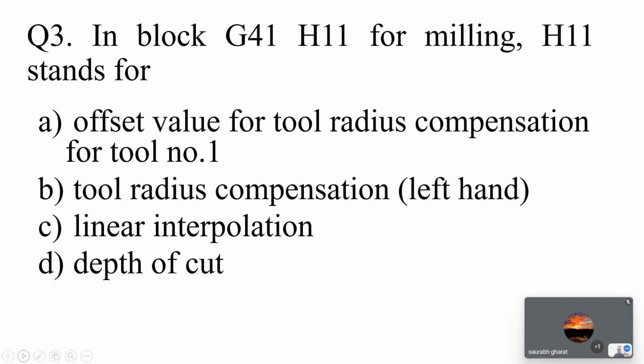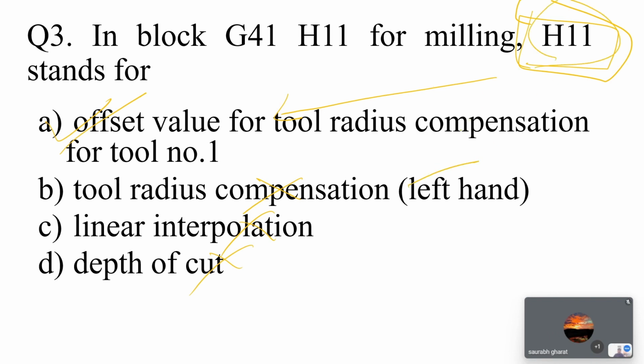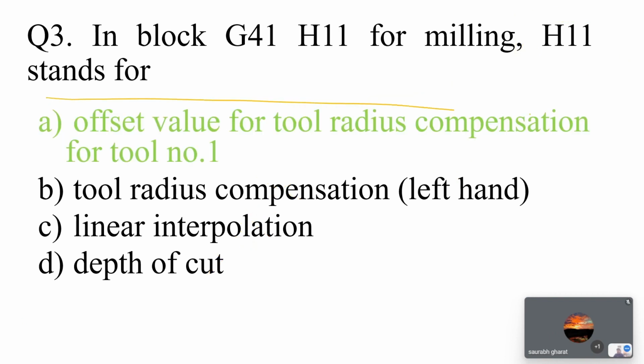Okay, so H11 stands for offset value for tool radius compensation of tool number 1. This is correct because we are going for H11. So what it actually stores is the value. Tool radius compensation left hand is wrong. Circular interpolation, depth of cut is wrong. Because what are we asking here? H11. If they were asking G41 then this might be correct, but for H11 this is wrong. So only offset value for tool radius compensation is your correct answer.